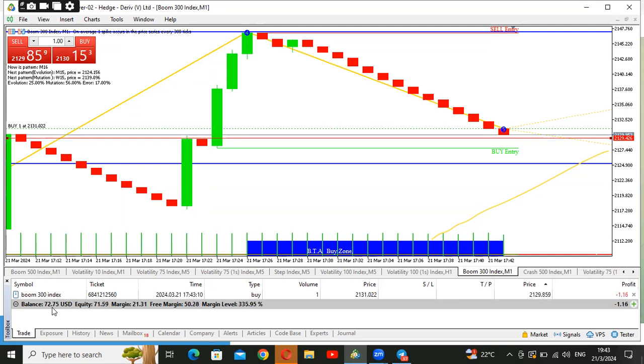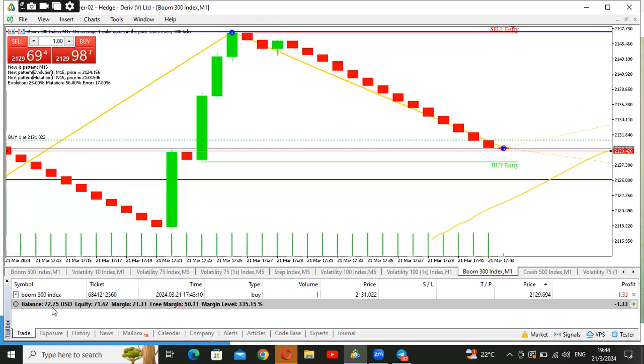So try by all means to use small lot sizes so that you can have more capacity to hold that trade, because the risk will be 20% or it will be 10%. If you've got a $100 account, then I tell you to risk 10%. You have to make sure that the moment it reaches $10 loss, you close it. That is what I mean by those rated risk levels.